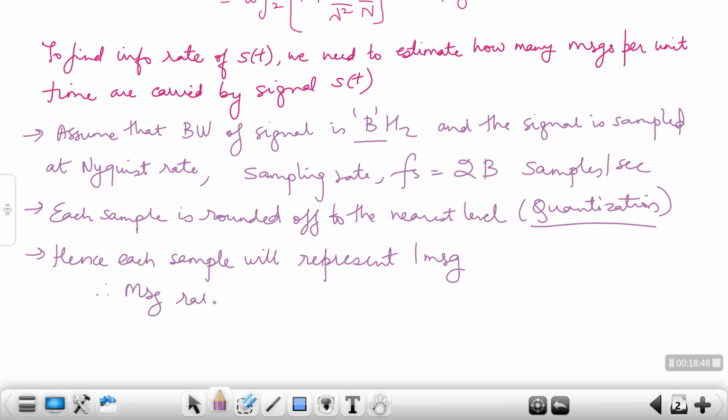So the message rate, which is nothing but r, which is nothing but 1 upon T, is nothing but 2 times B messages per second.